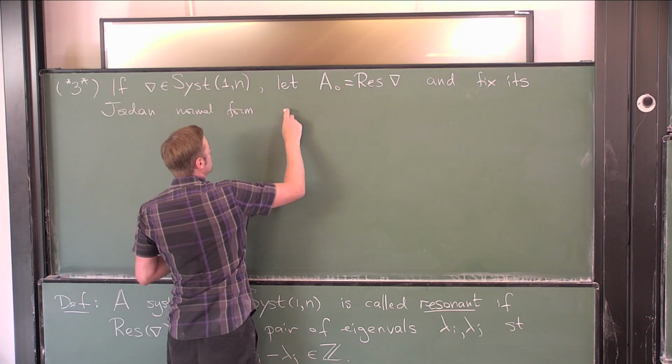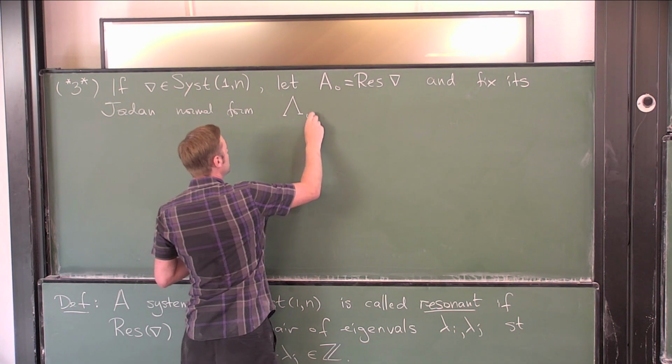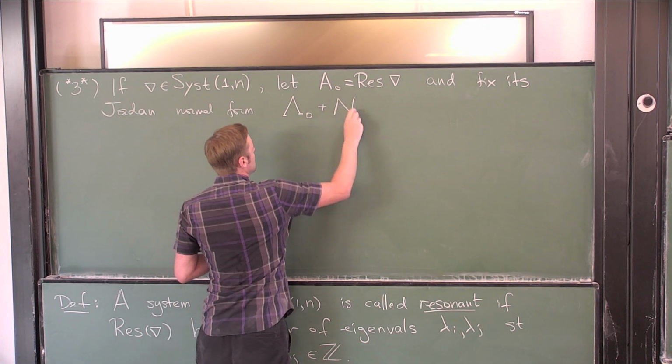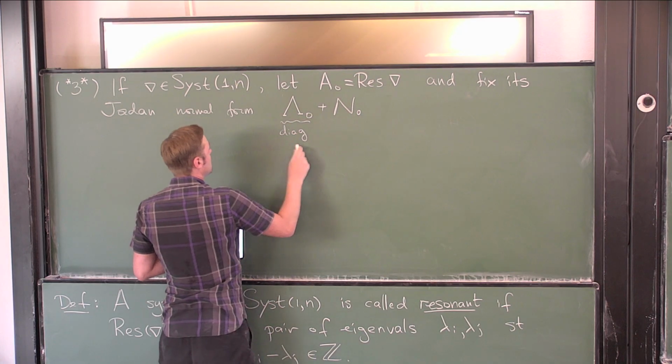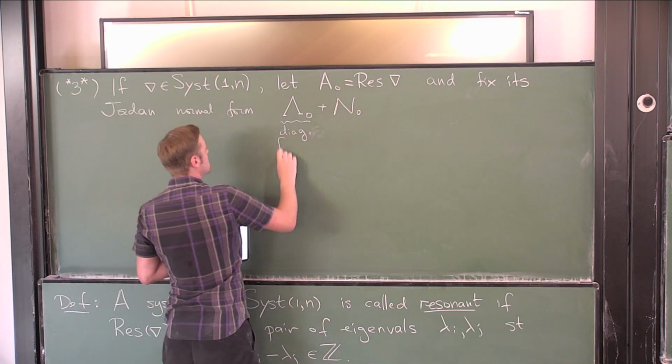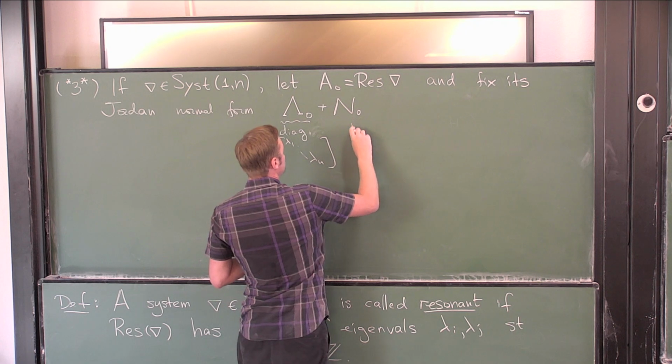And the way I'll write this Jordan normal form is I'll separate the diagonal bit, which I'll call lambda naught, and the nilpotent part. So this is the diagonal, lambda is just lambda 1 to lambda n, and this is the nilpotent part.